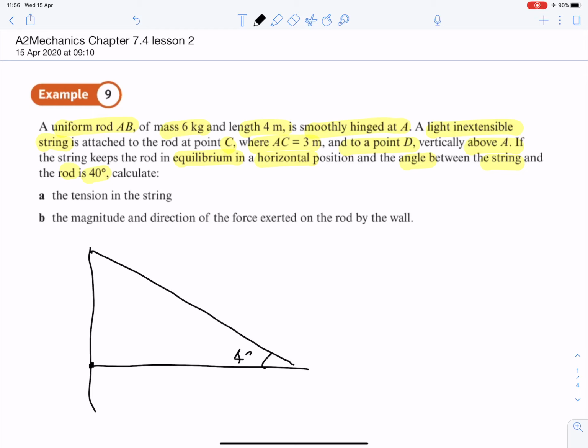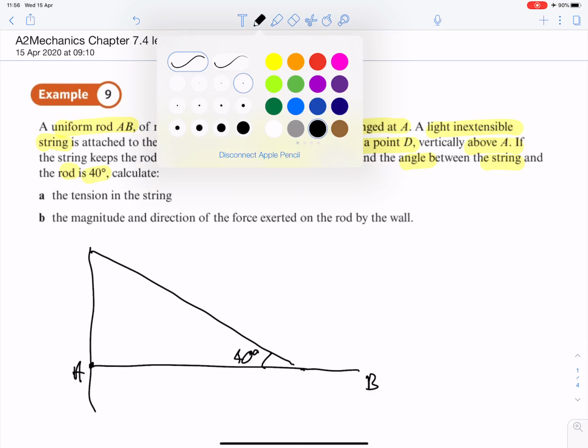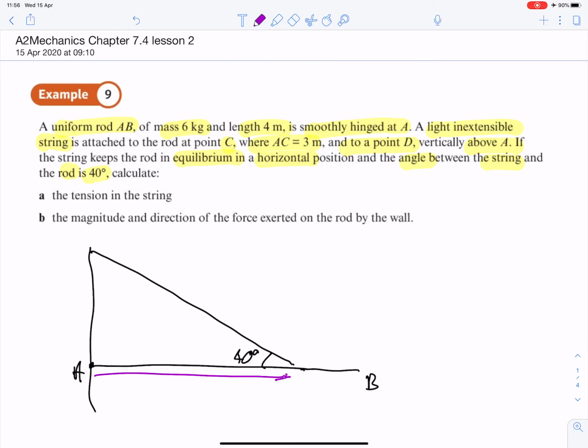Okay, so let's draw that. We've got a wall, a hinge, a rod, and then a string coming down at 40 degrees to the rod, and that's A. The rod is 4 meters long, so we've got a distance 3 meters to C, and then another meter.